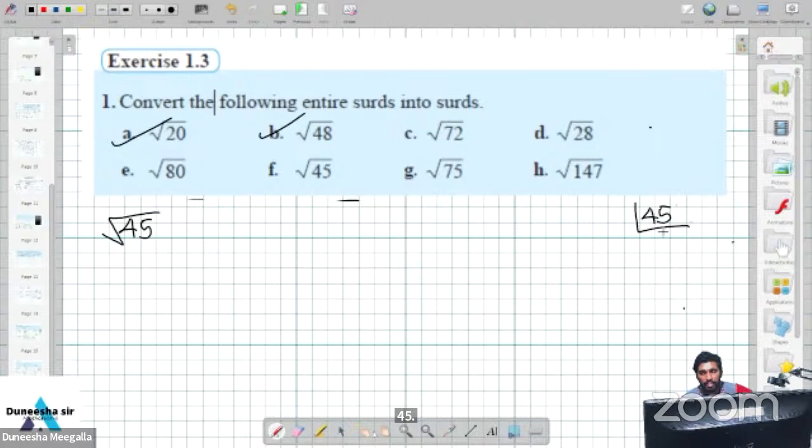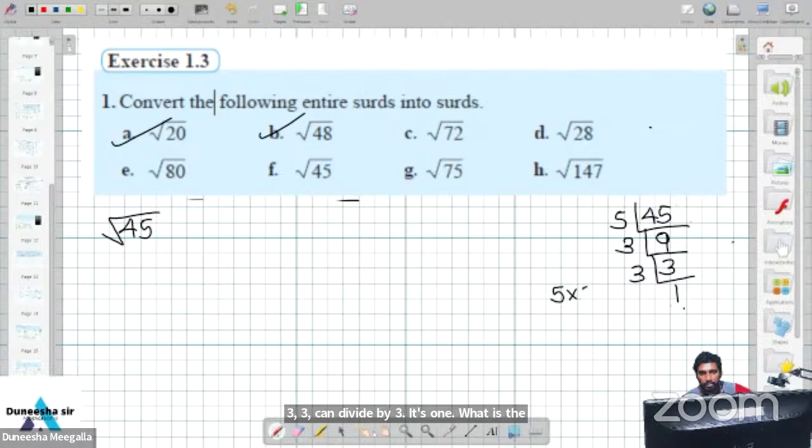What is the dividing factor? 45 key in the bedan. 5. 5. It's remaining what? 9. Then 9 can divide by this number 3. 3. 3 can divide by 3. It's 1.